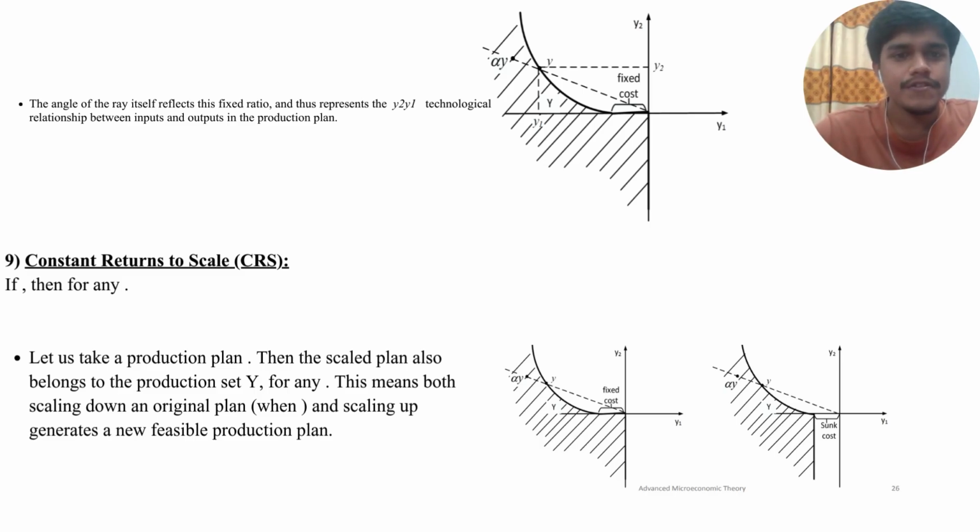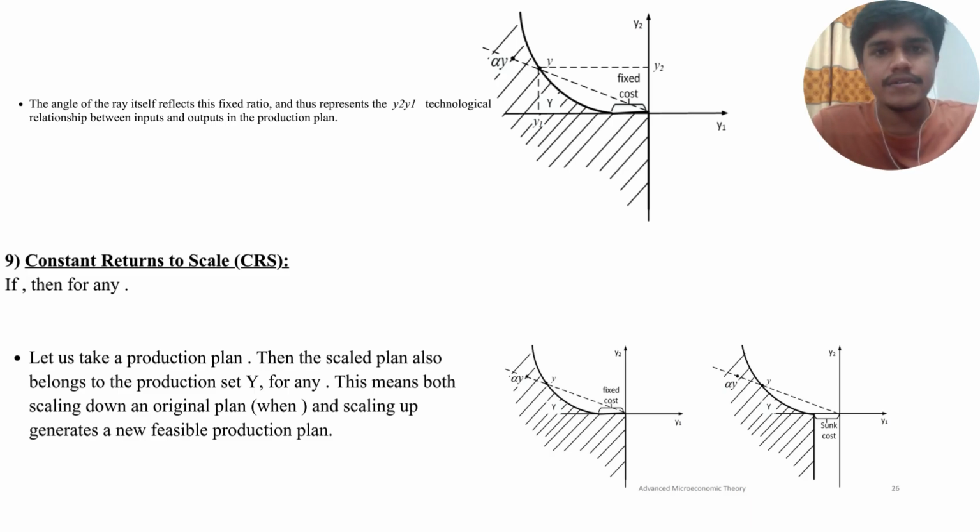That means if a certain production plan is technically possible, then scaling every input and output by the same factor will also be possible. If you can produce a certain output using specific resources, then scaling up or down your resources and outputs in the same proportion will still result in a valid production plan.